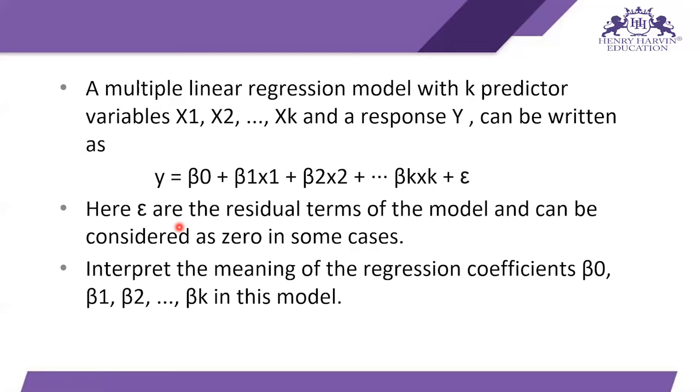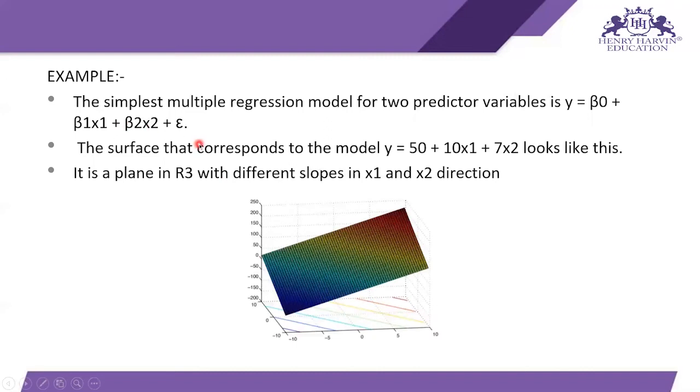We have to interpret the meaning of the regression coefficients beta 0, beta 1, beta 2, up to beta k in this multiple linear regression model.